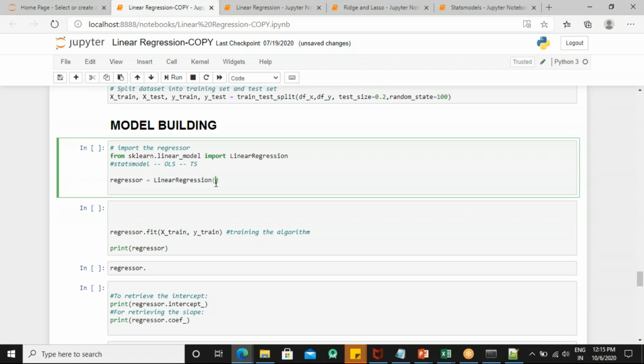Whenever we talk about the linear regression model, this is what we do. Can anyone tell me what is the benefit of doing this step? What is this step known as? Why do you do this step?